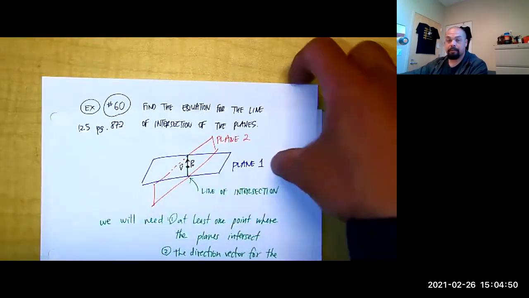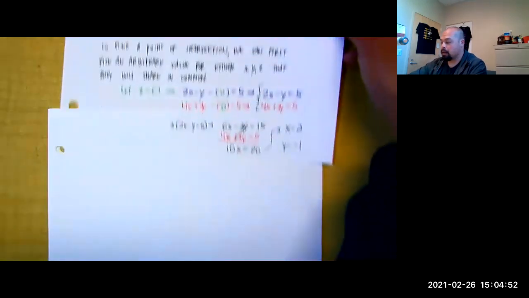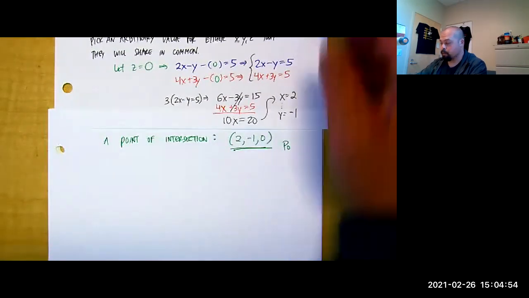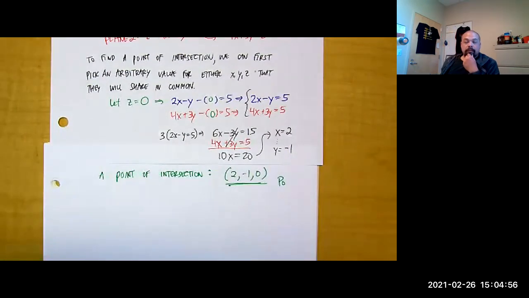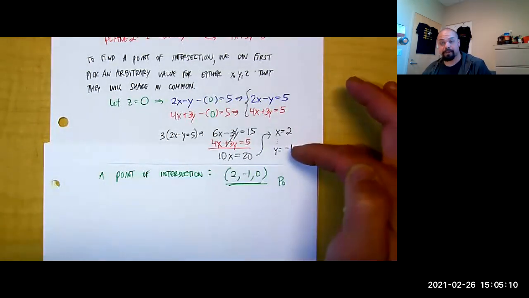Now we need our direction vector. And that came from choosing a value arbitrarily for one of those variables, z equals 0 out of common practice. Then we find the corresponding x and y values.